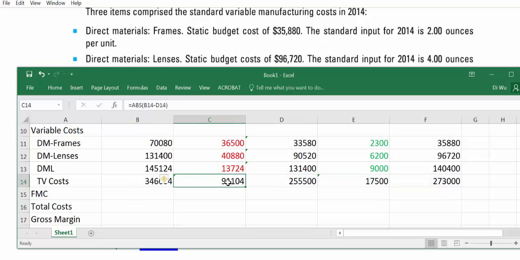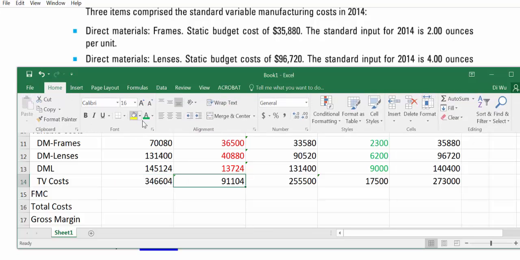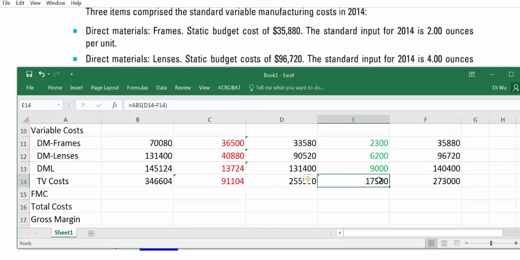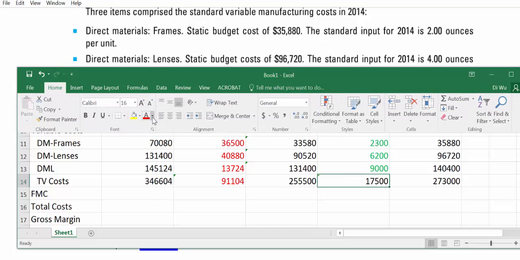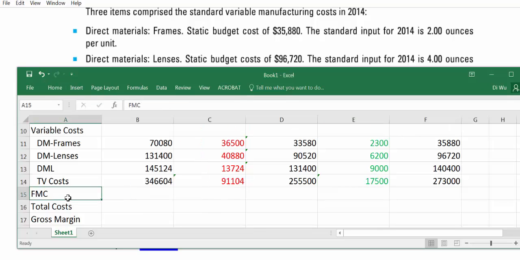That's the total variable cost variance, and that's unfavorable because actual operating results show much larger variable cost. Therefore I'm going to put this number in red because it's unfavorable. And the number here, which is sales volume variance, is going to be in green. All right, let's take a look at the fixed manufacturing cost.